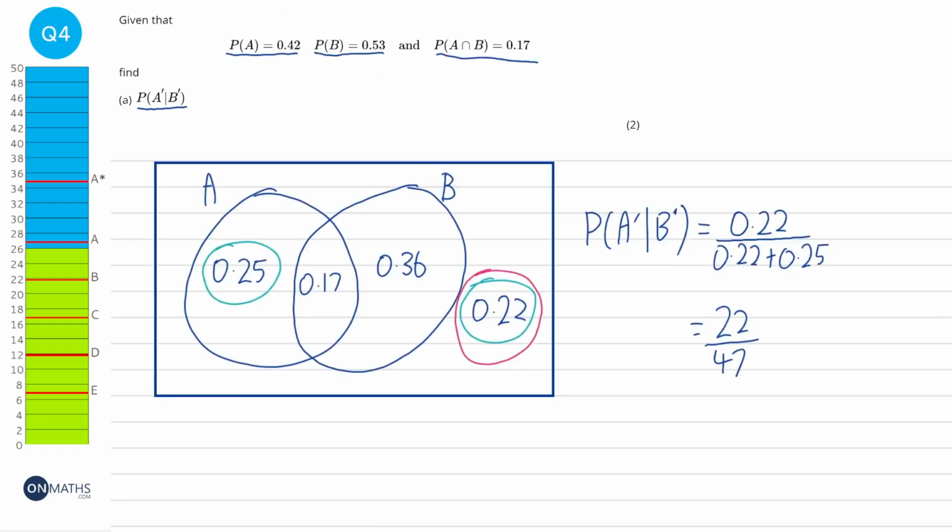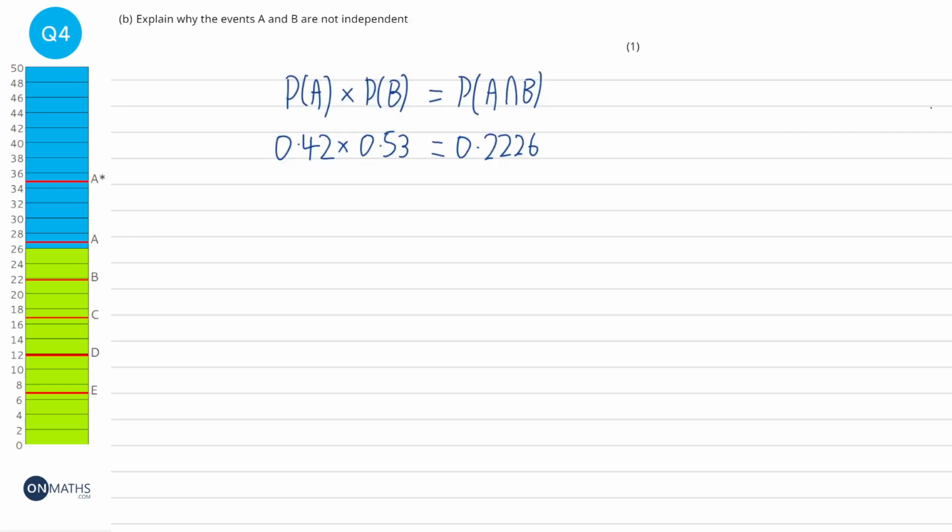But if we have a look back, we can see that the probability is 0.17, which is not the same as we've got. So 0.2226 is not 0.17, and so therefore they cannot be independent.